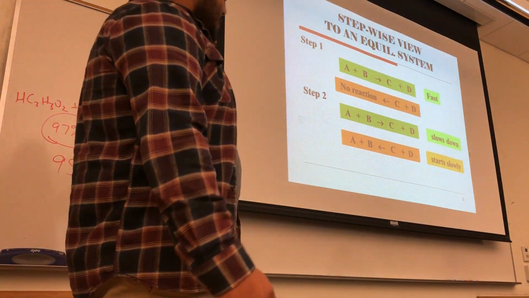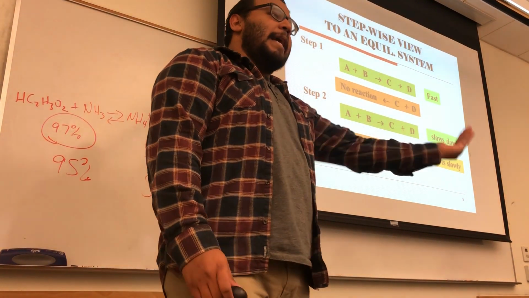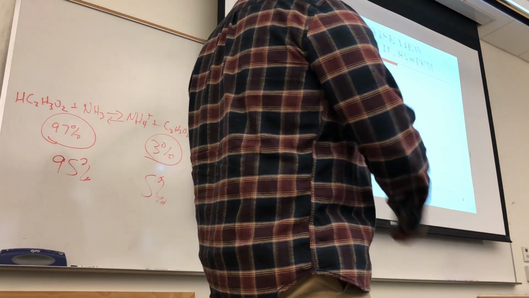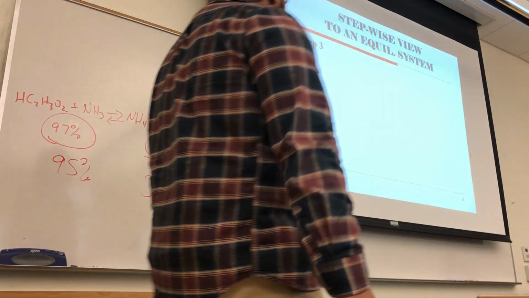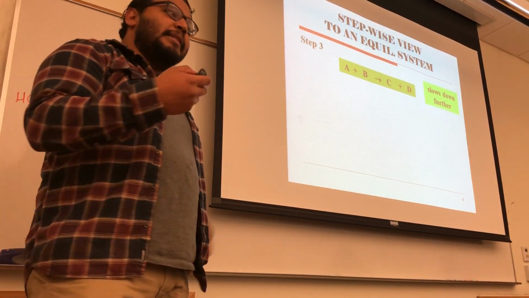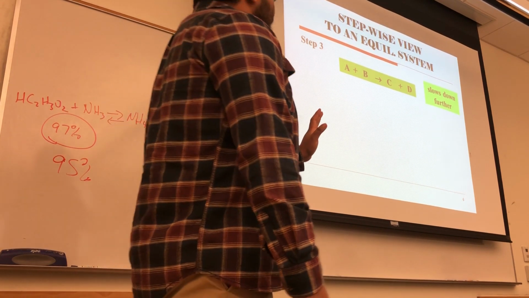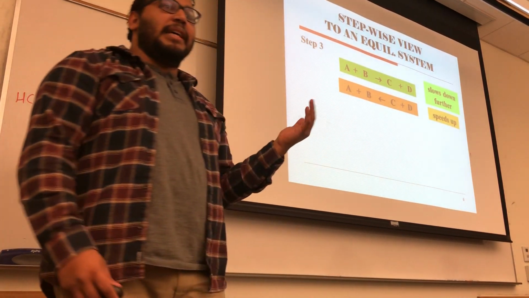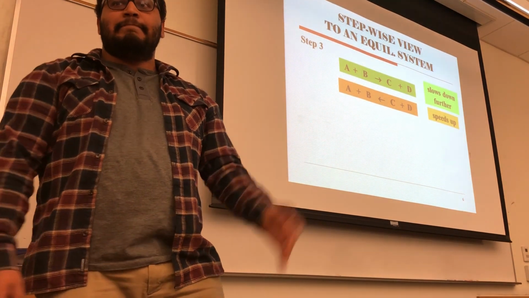So we start to slow down on the reactant side and speed up slowly on the product side. The third step, it's going to go down even further. Not to depletion, but it's slowing down. The other side starts to speed up because we're building up that product.